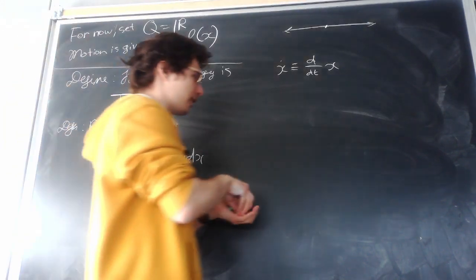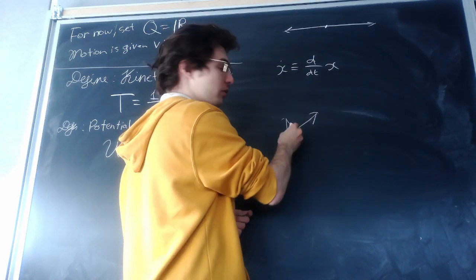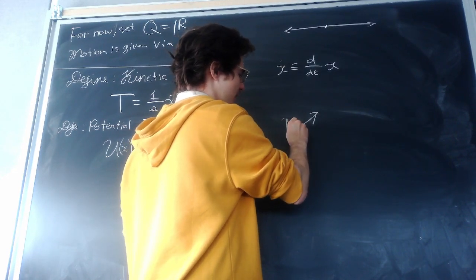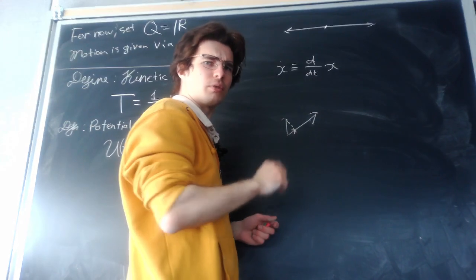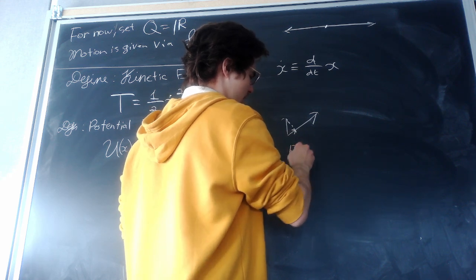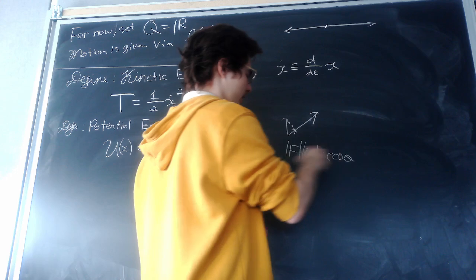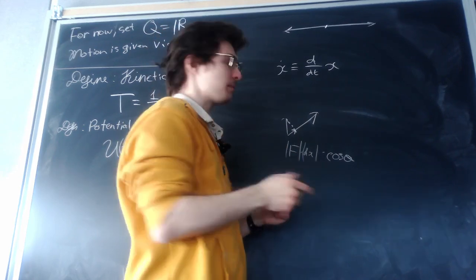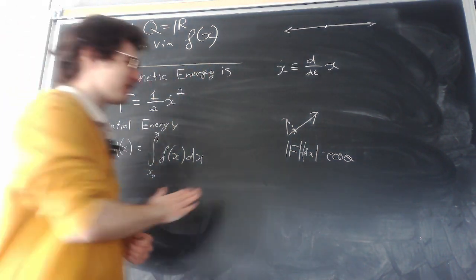So if your force is pushing you this way while you're going this way, then you want to project it and compute the integral of this dotted with this, right? So you wanted to do F dot dx, the magnitude of F times dx times cos theta, where theta is the angle between F and where your path is going, right? In our case, remember, we're in one dimension, so the force is always pointing in the direction you're going.